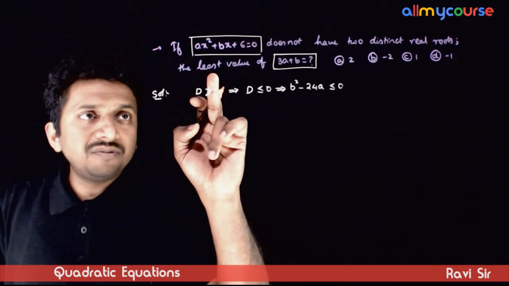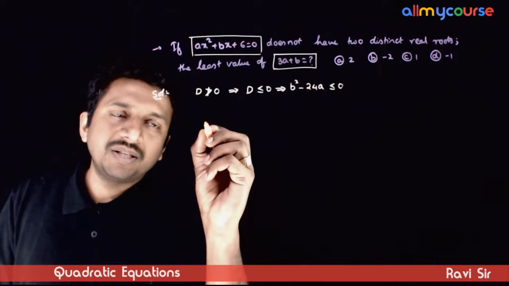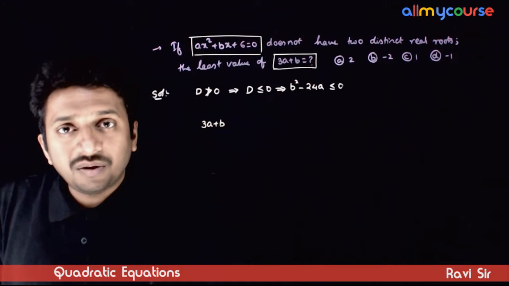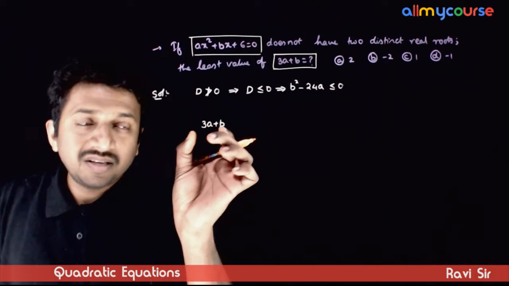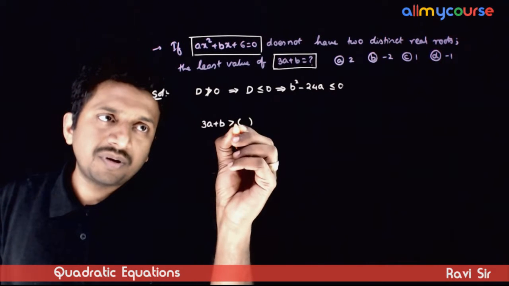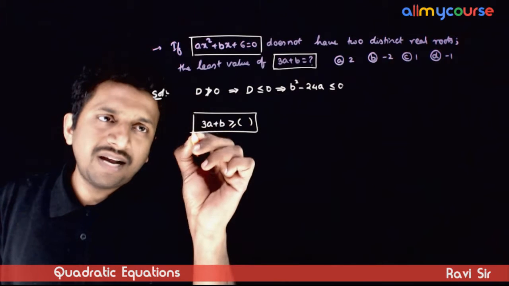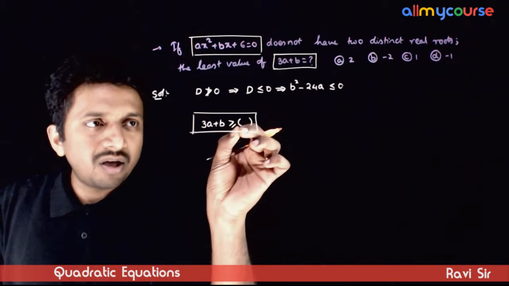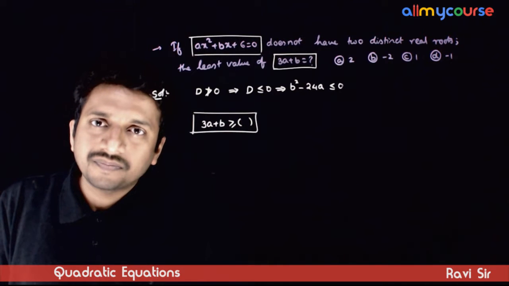Now you're asked to find the least value of 3a plus b. That means 3a plus b is greater than which number? So you're asked to find some inequality like this: 3a plus b is always greater than or equal to something.